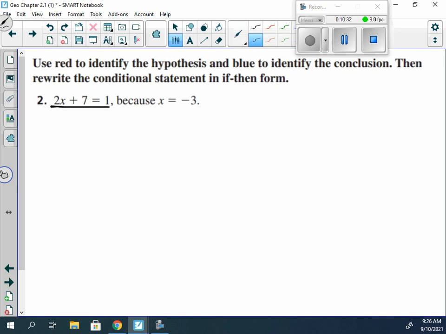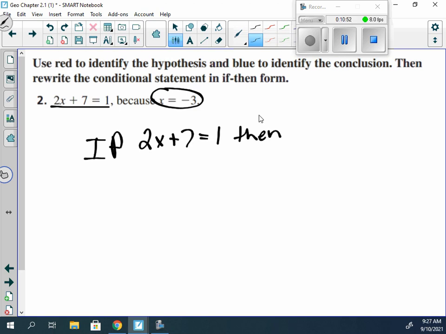What's our conclusion? If what? Then? That's it. This one's a little bit more straightforward because we just have an equation. If this is true, then this is true.